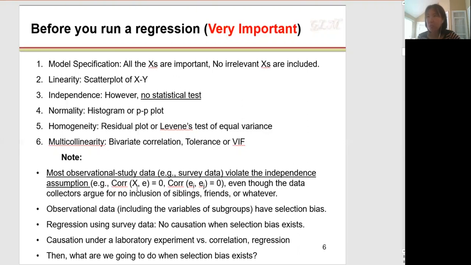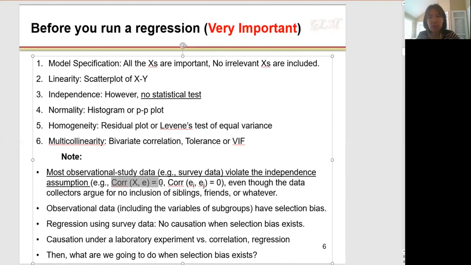So region or race ethnicity groups are correlated with income, meaning a non-zero correlation between race, ethnicity, and income, or between the region and the income, right? So your residuals are not free from the selection of X in your model. So that's why I put this one.